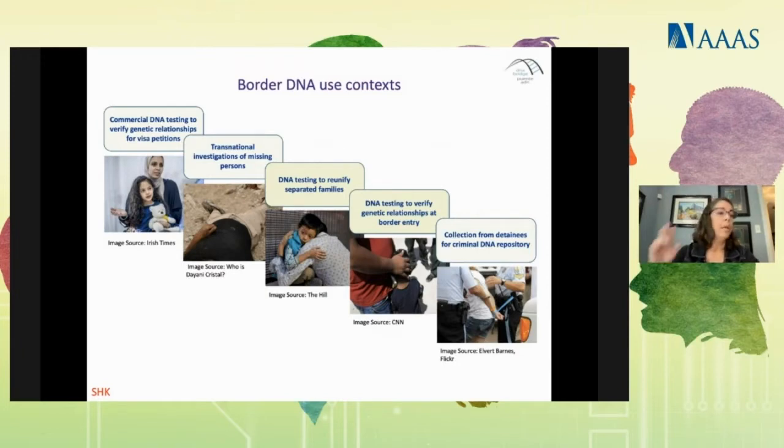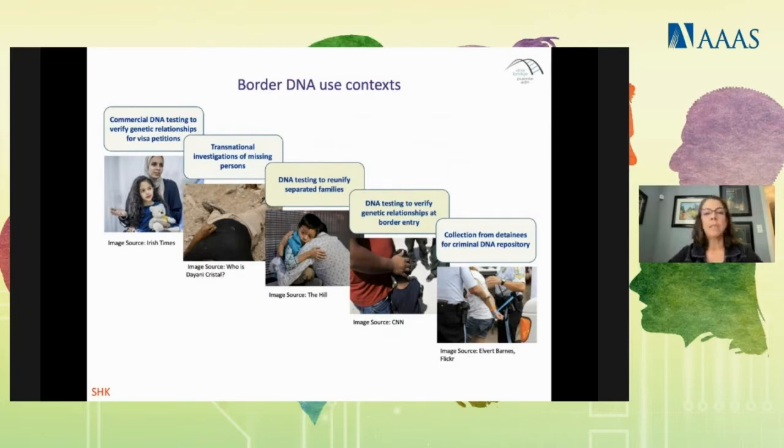If you Google immigration DNA, the majority of the hits will be the commercial offerings of DNA tests in this capacity. This is usually for family petitions of people coming to the United States, and sometimes it is required in certain circumstances.